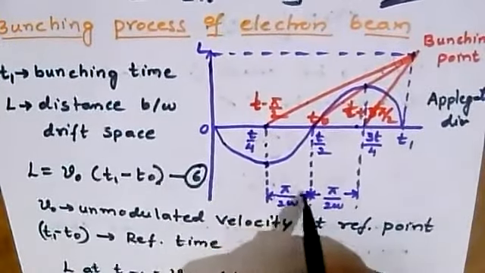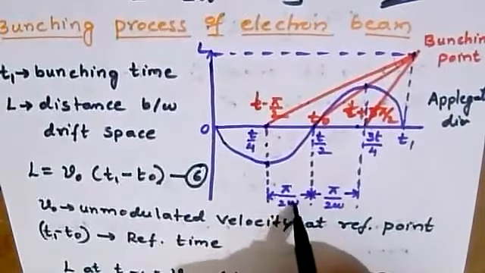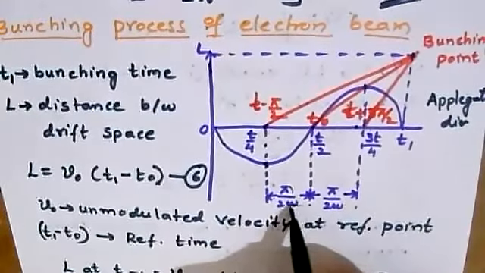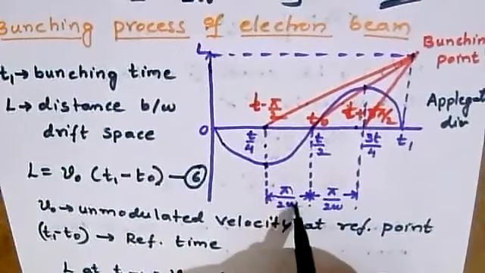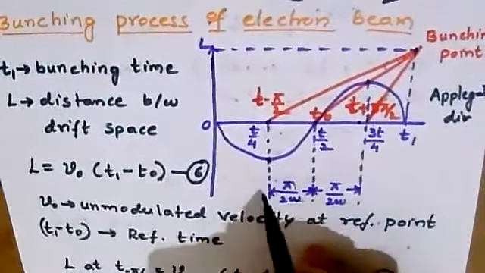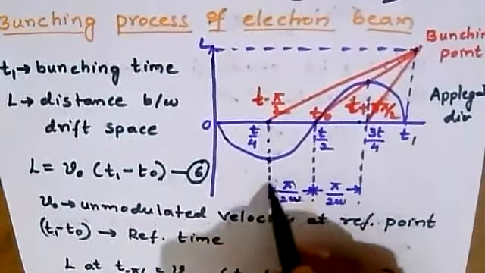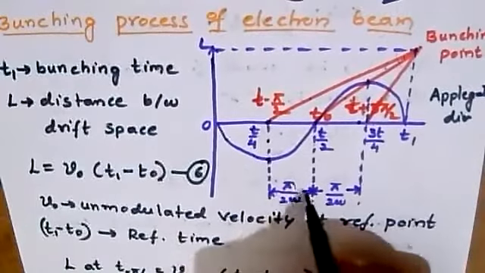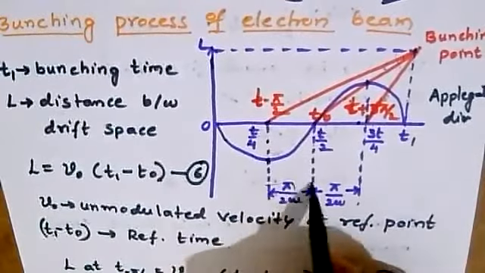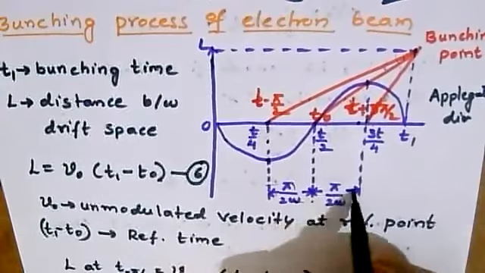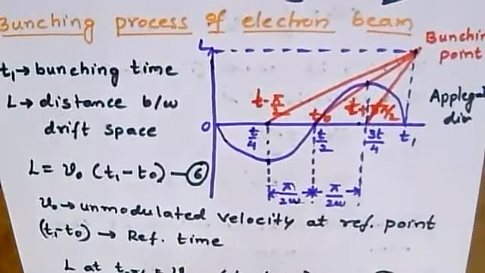Here the distance in terms of time intervals is 1 by f only. 1 by f, omega is nothing but 2 pi f. It indirectly specifies the time duration, so this particular duration is taken as pi by 2 omega, and this particular duration is also taken as pi by 2 omega.